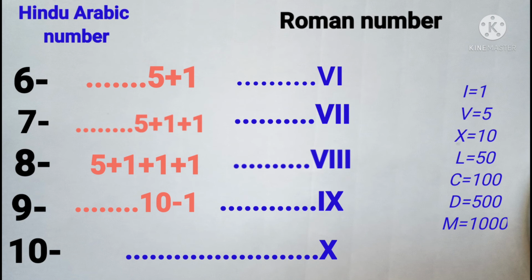I is to the left of X, so the value of I can be subtracted from the greater value of X.